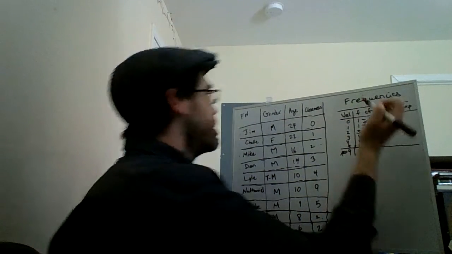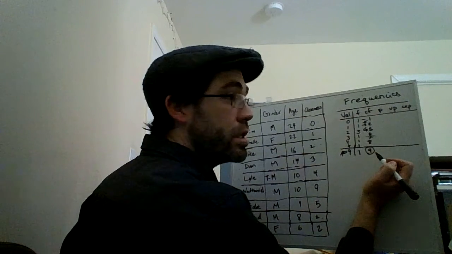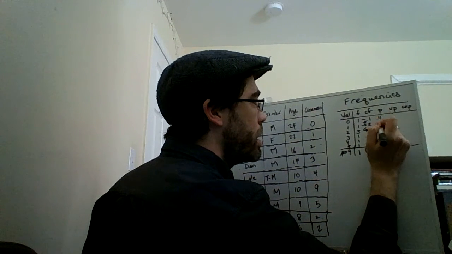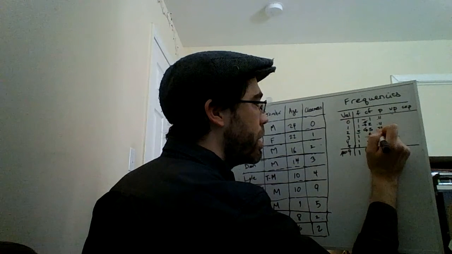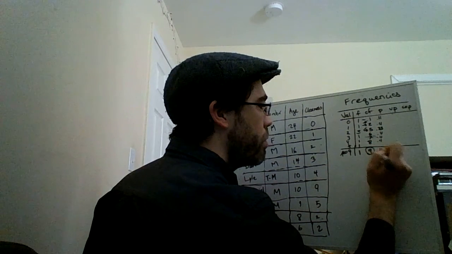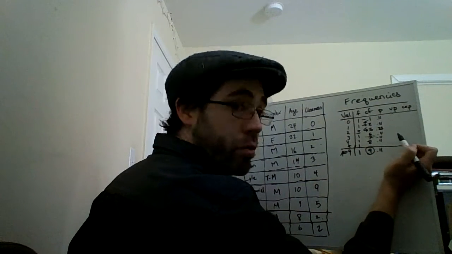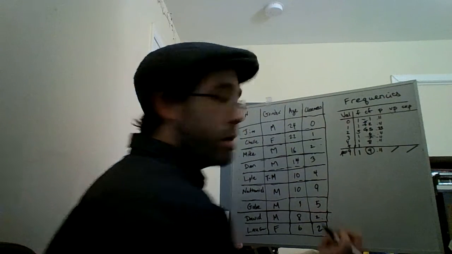For proportion, same thing. There's 9 cases, so again, 0.11, 0.11, 0.11, 0.33, 0.11, 0.11. Now, valid proportion: we've got missing data, so this is not going to be included in those.